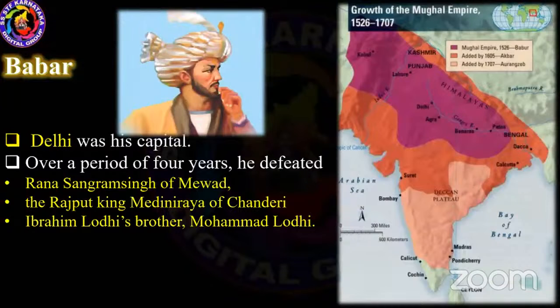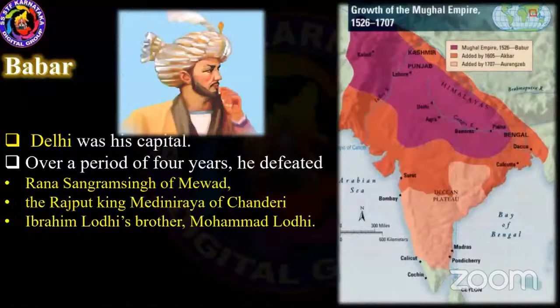Even though he laid the foundation for the Mughal dynasty, he didn't rule India for a long time. Just four years he ruled India. Later the dynasty passed into the hands of his son Humayun.